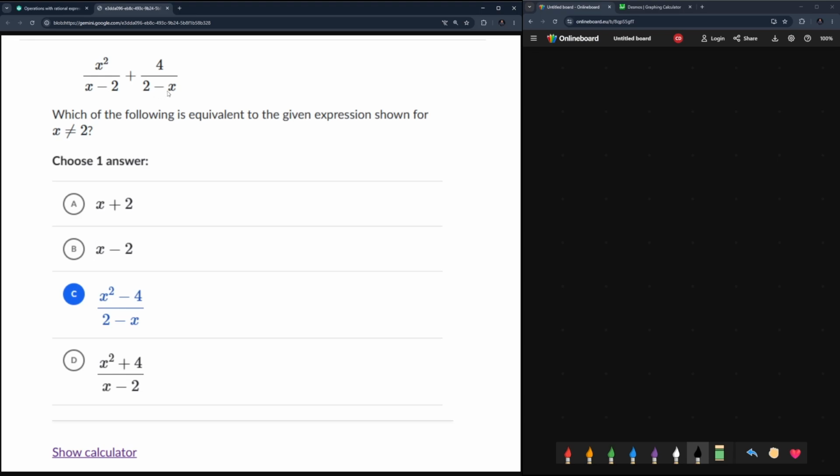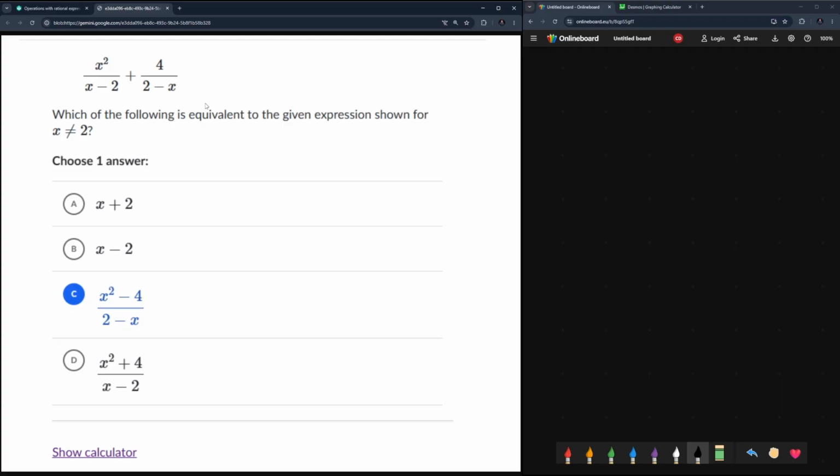But that's not what we want to do. Why? Because if we multiply the left fraction by -1, we also have to multiply the top, and we get -x squared, which makes it difficult to factor. So we are not going to do that.